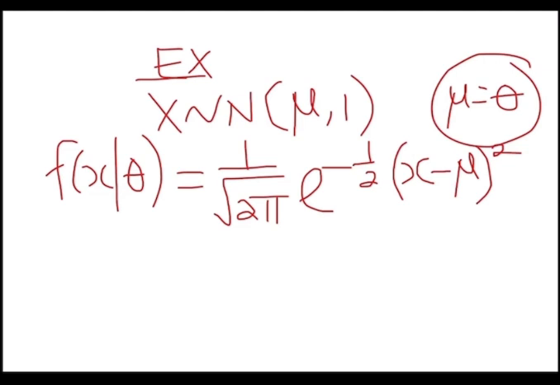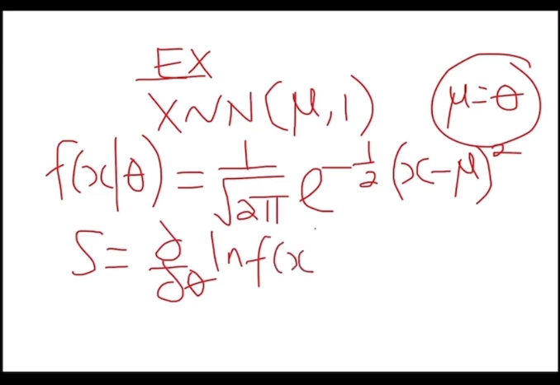If I want to find the score function of this distribution, what I'm actually going to do is the score function is going to be the derivative with respect to theta of ln f(x; theta). Which means I need to first write the natural log of the given distribution.